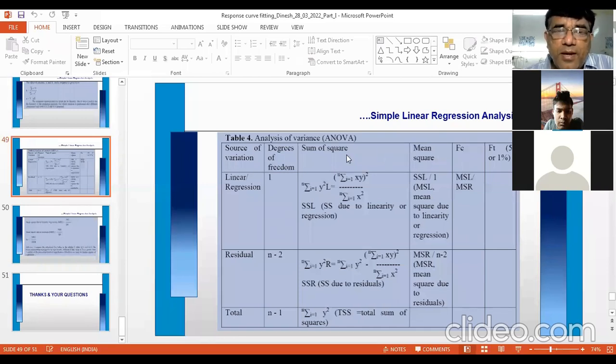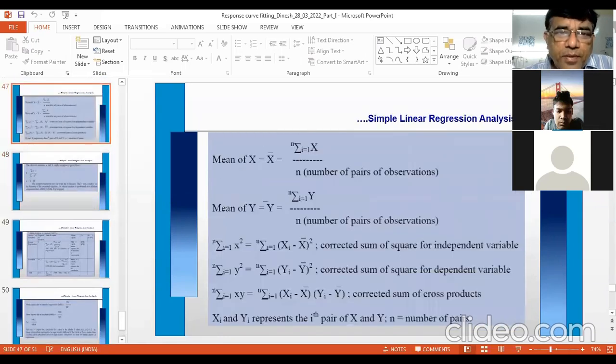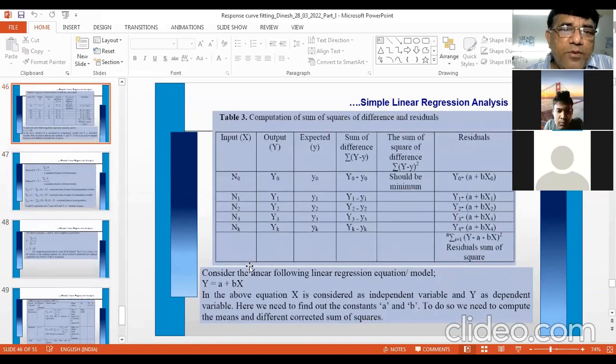Then the sum of squares. You can work out the sum of squares from this data. You have the value of x, so here the input is your x. You have the value of x and the value of this small y.